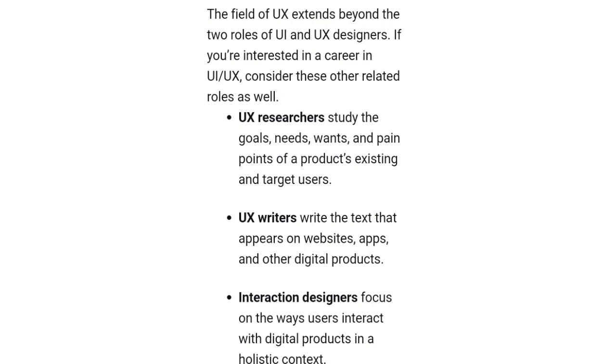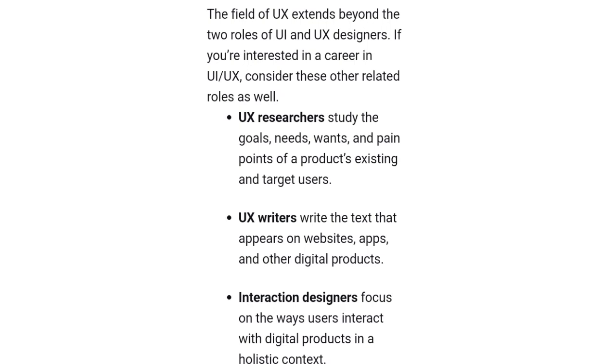Secondly, UX writers write the text that appears on websites, apps, and other digital products. Also, interaction designers focus on the ways users interact with digital products in a holistic context.